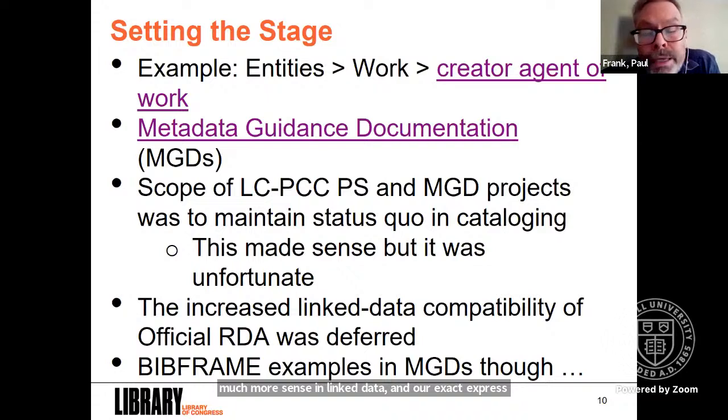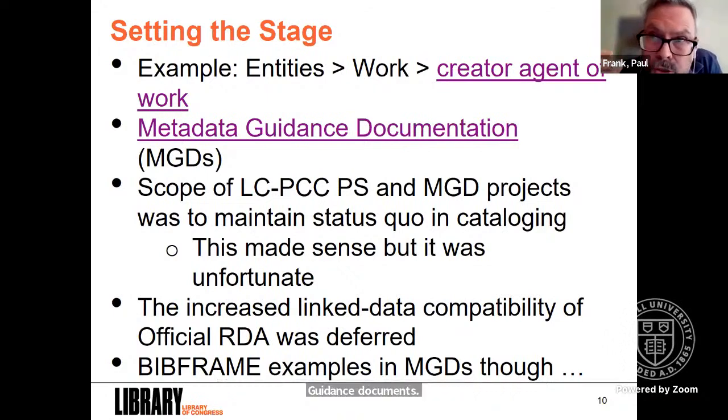So my closing comment on this is that as a big proponent of BIBFRAME in the metadata guidance documents, all of us who worked on the metadata guidance documents saw the importance of including BIBFRAME examples.